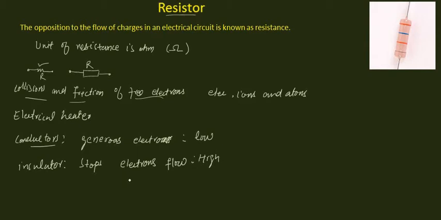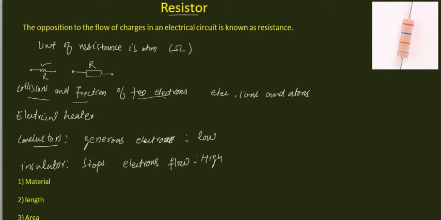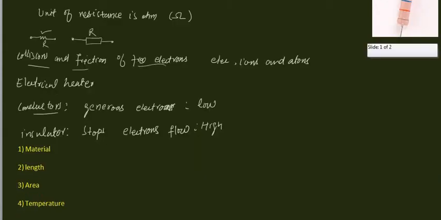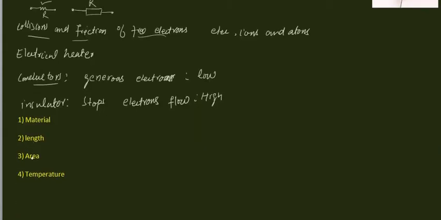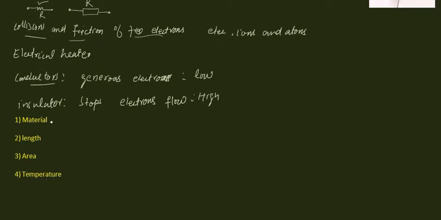The four basic factors which determine the resistance of any material are, first, the material, second, the length, third, the area, and fourth, the temperature.